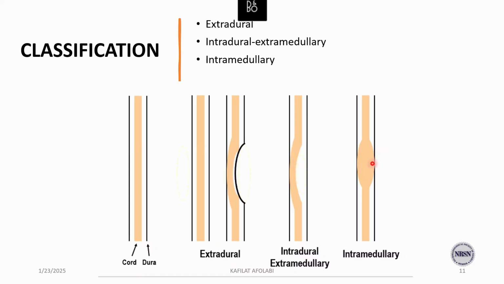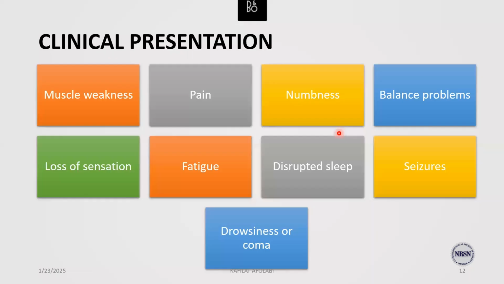For the intramedullary class, it means that the tumor is within the substance of the spinal cord itself. And we can see the fusiform enlargement in this schematic diagram, as well as obliteration of the surrounding CSF space, which is what we'll see in the real life images that we're going to discuss soon.